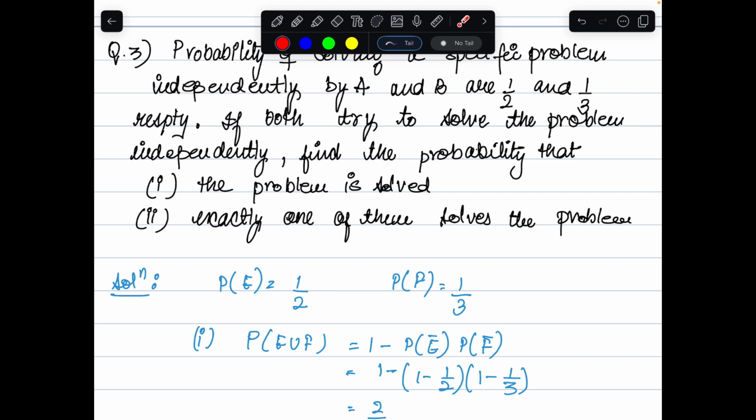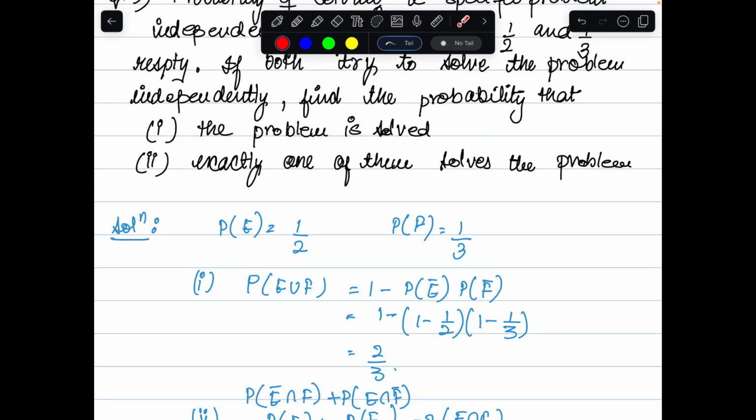So now you can apply directly the formula. So here you can see how you are actually getting this. How can I write this thing? It can be written as 1 minus P of E union F whole bar, right?